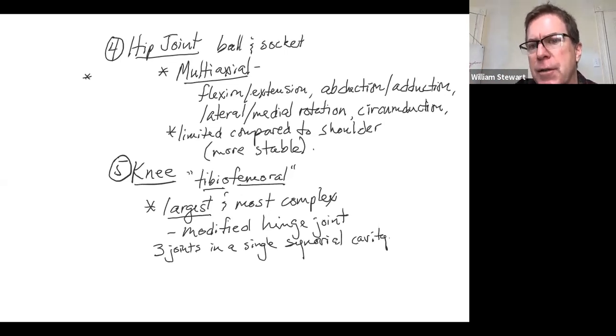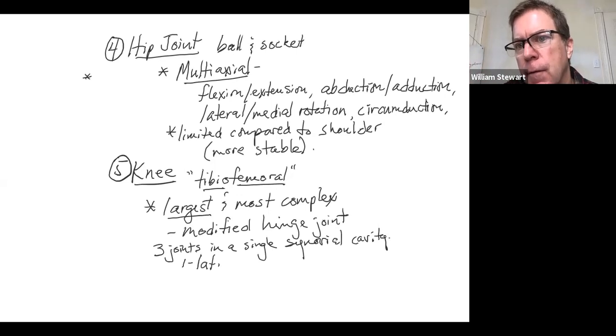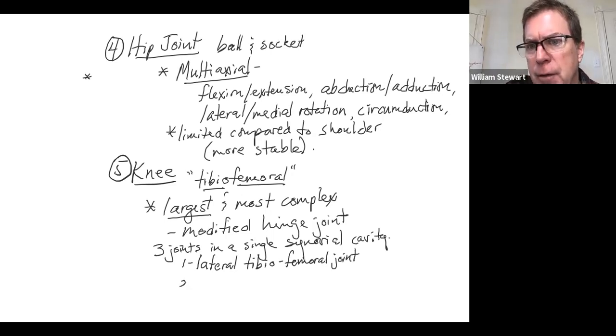Those 3 parts, I'll just list them as 1, 2, and 3. The first would be a lateral tibiofemoral joint. The second part of this very complex joint is a medial tibiofemoral joint.